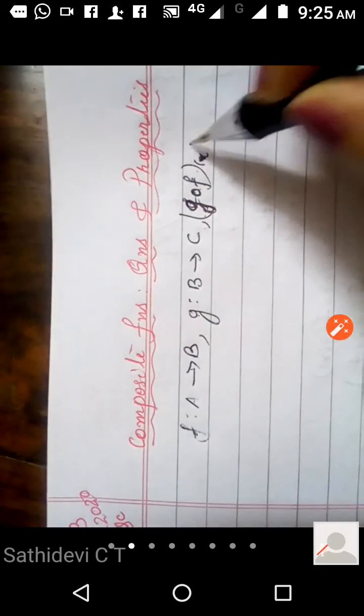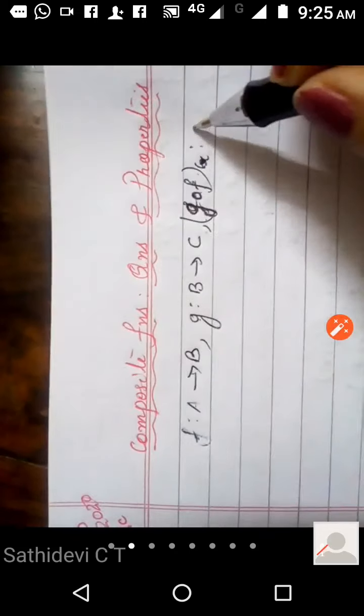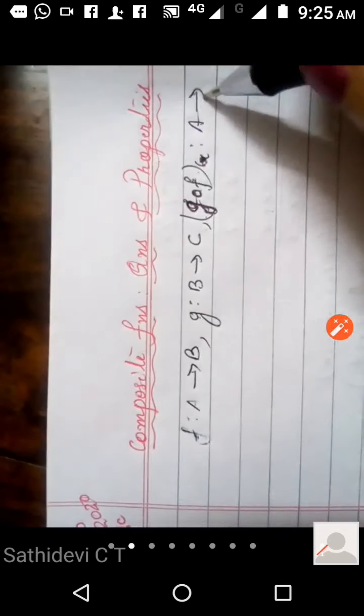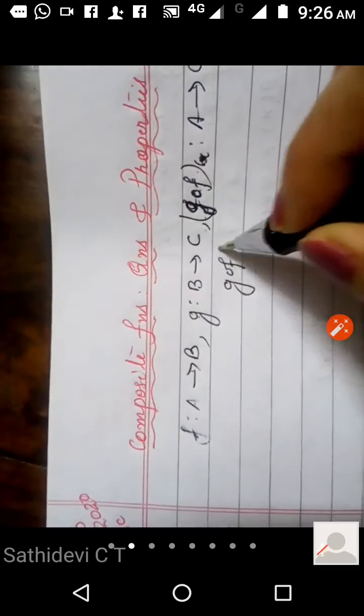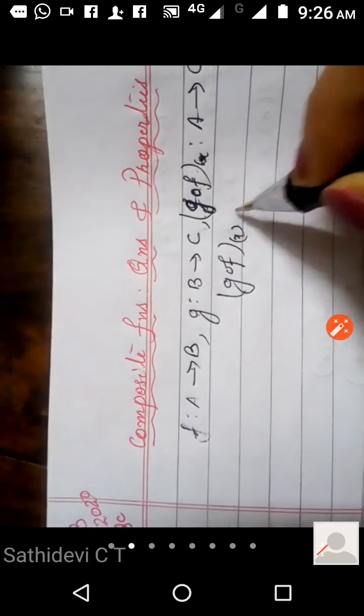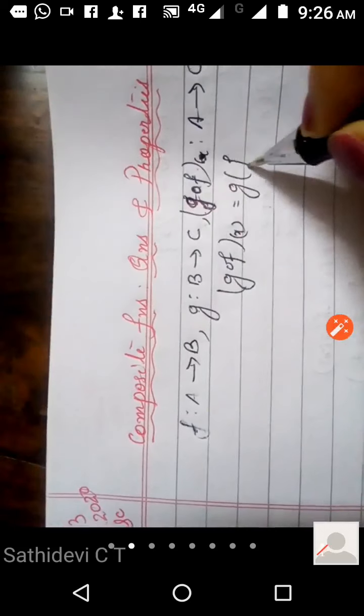It is a function from A to C, such that G composite F on X is G of F of X.